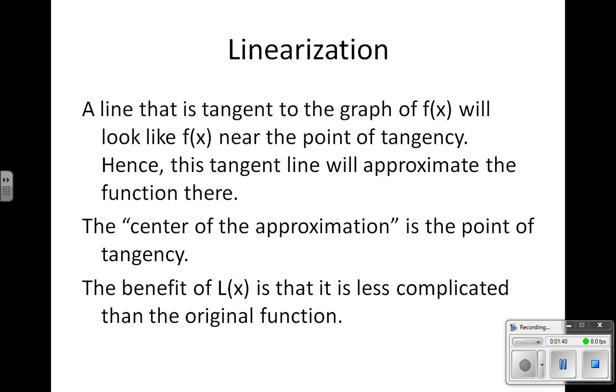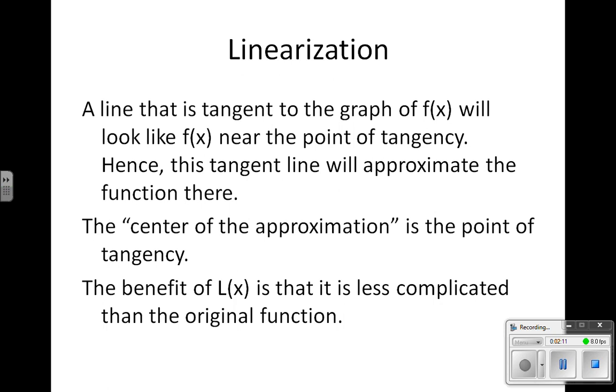The equation of a line is always just first degree. That's what a line is. So it's a pretty simple equation, whereas your actual function might be a third degree polynomial or something, not nearly as simple as the line, or it could even be worse. So if you're trying to approximate something about your curve, you can get an approximation by looking at the line that's tangent to the curve instead of the curve itself.